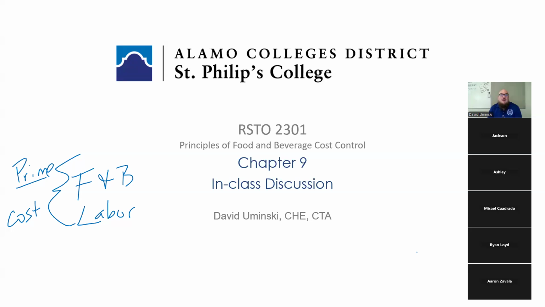Okay. Now, Ryan made a comment about serving exactly the portion that you need. So in controlling our cost for beverages, remember the video that we watched for Bar Patrol, that bartender served $200 more worth of alcohol than she should have.